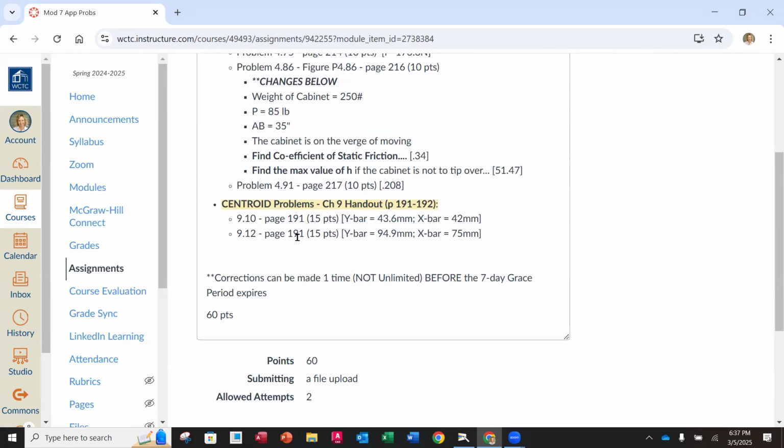And there are two problems there that you're going to be doing. Now, I did add for you the final answers that you should achieve for each one of these. Each one of these problems is 15 points. The ones above are 10 points each. These are a little bit longer, so I gave you some extra points on this.